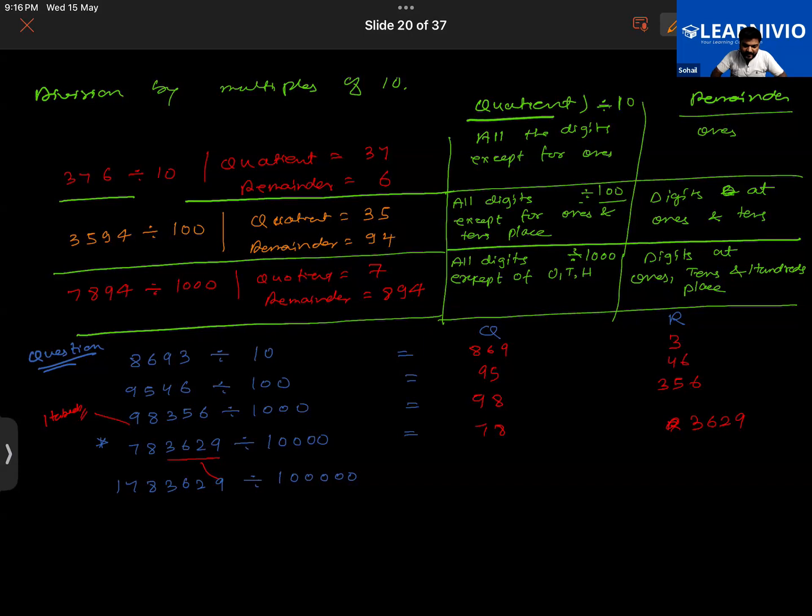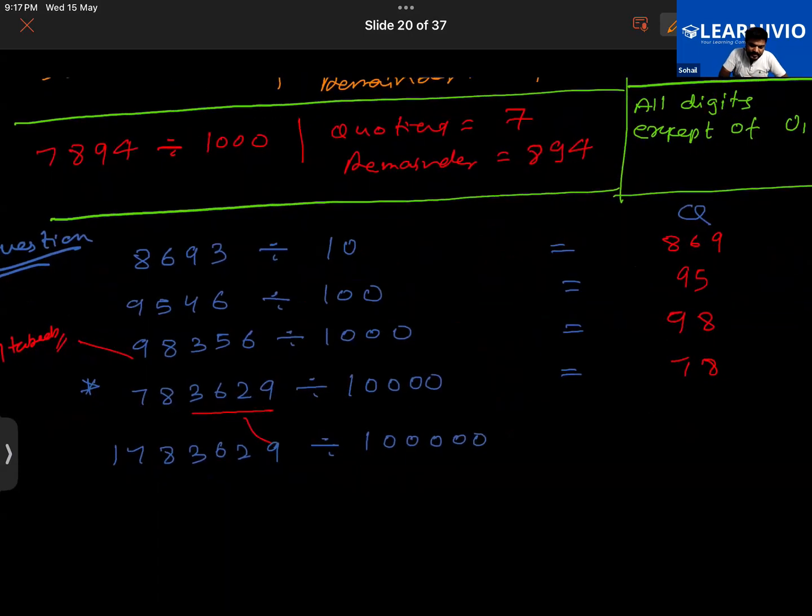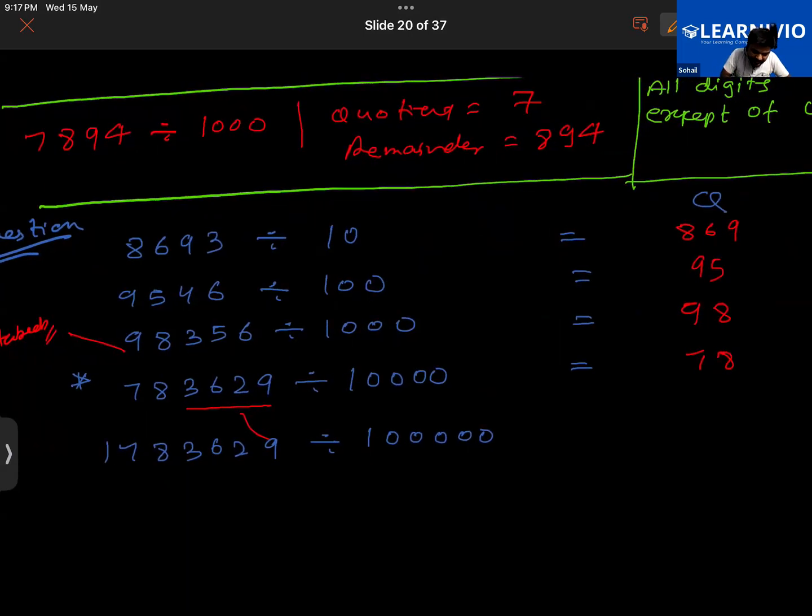Let me clarify it. See, in this case, you left the ones digit. You wrote only the first three digits. Then while dividing it with 100, you didn't count the ones and tens place value. While dividing with 1,000, you ignored the ones, tens, 100 place value.